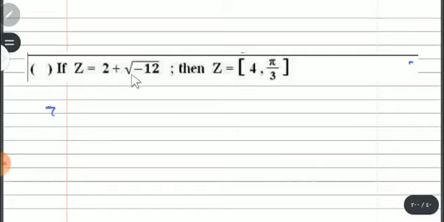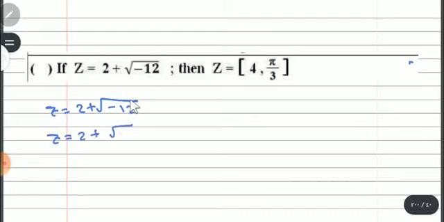So, z equals 2 plus square root of negative 12. Now, we see something interesting here: a negative inside the square root. And we all know how to deal with this problem.